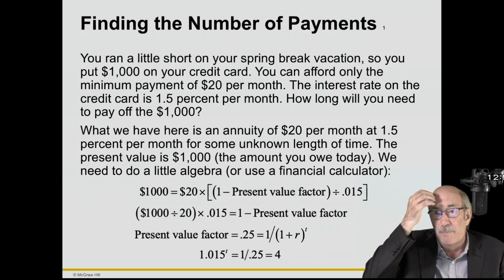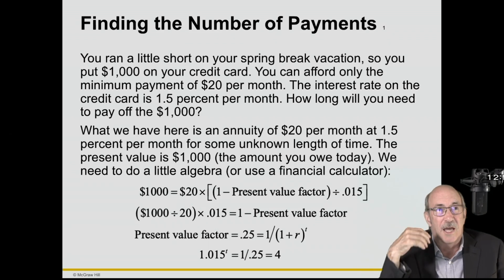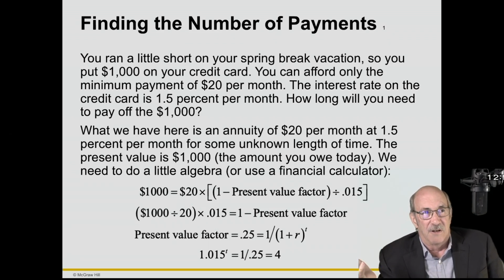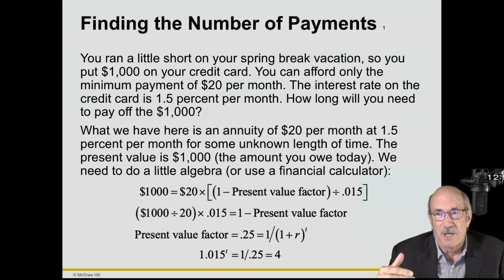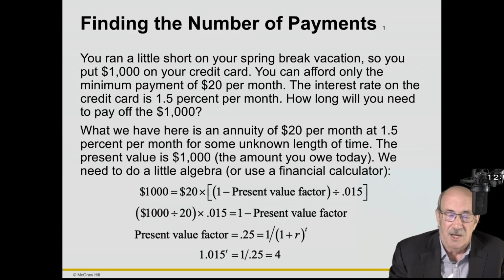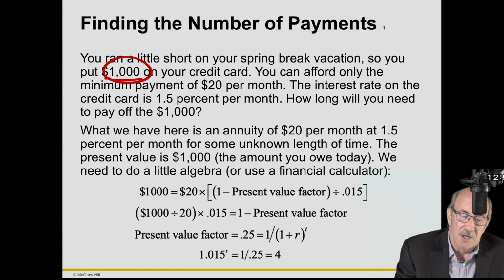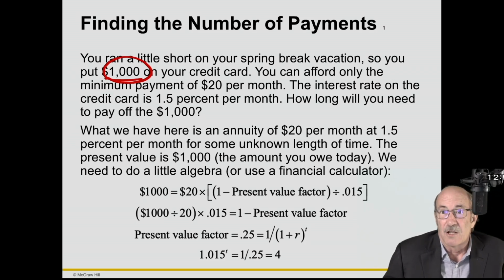Now, how about number of payments? We've been looking at the payment itself, what that's going to be, or what the amount we could borrow based upon a particular payment. But how about number of payments? In this case, we have used a credit card to borrow $1,000.